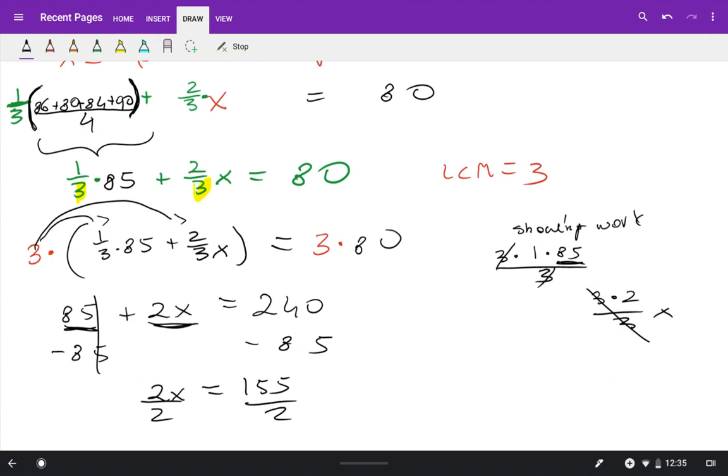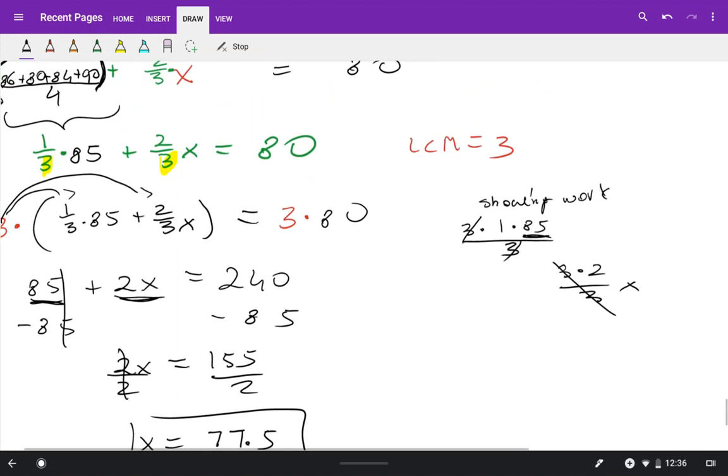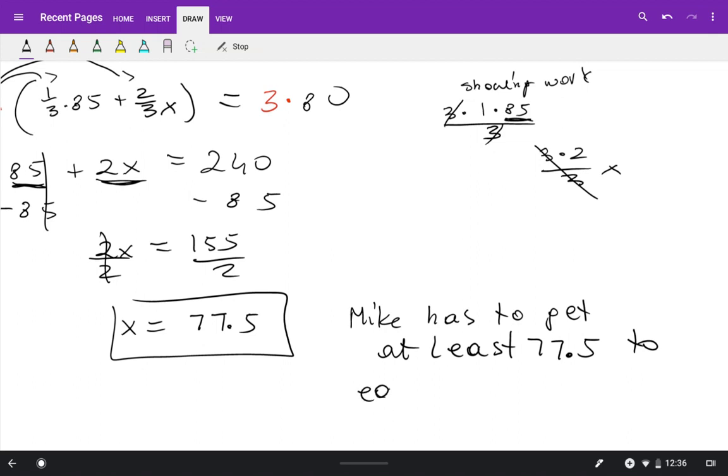So 155 divided by 2 is 77.5. So x is equal to 77.5. What that means is Mike has to get at least 77.5 to earn a B in this class.